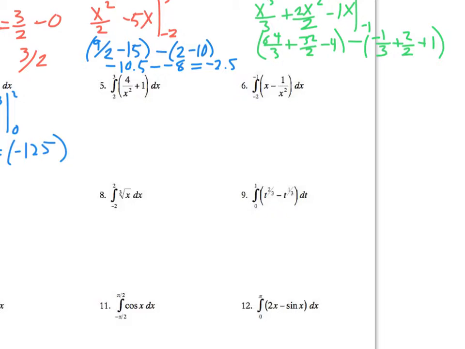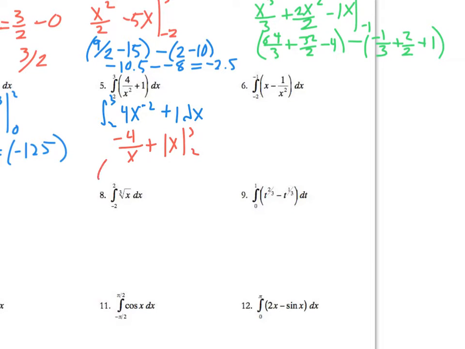For the next one, I'm going to rewrite this as the integral from 2 to 3 of 4x to the negative 2 plus 1 dx. 4x to the negative 2 is going to become 4x to the negative 1 divided by negative 1. In other words, negative 4 over x to the 1. Then plus a 1x going from 3 to 2.